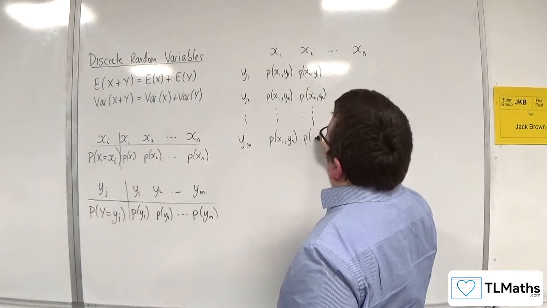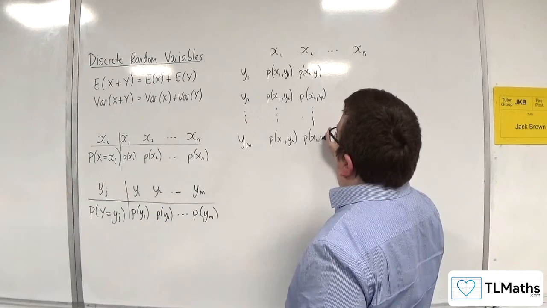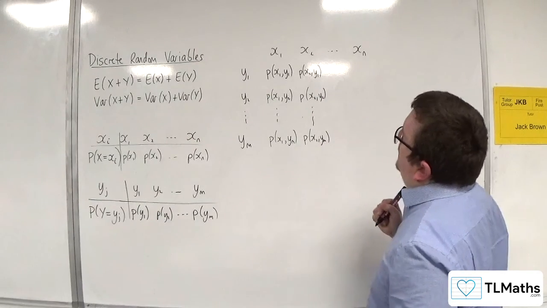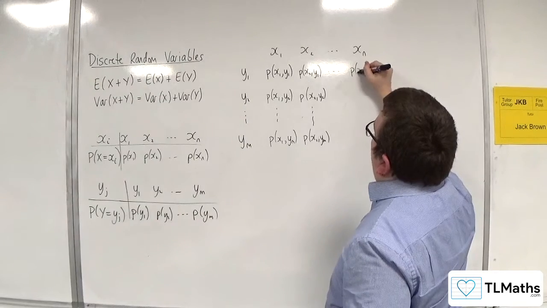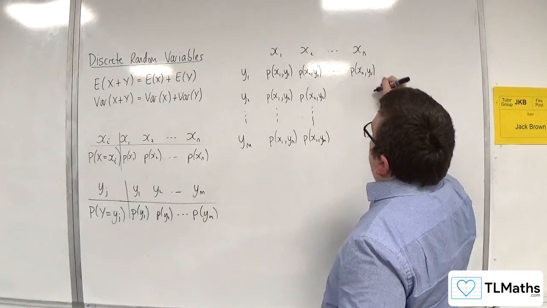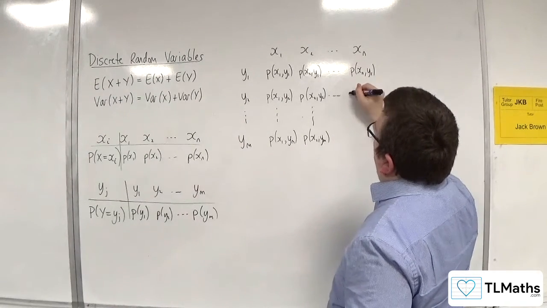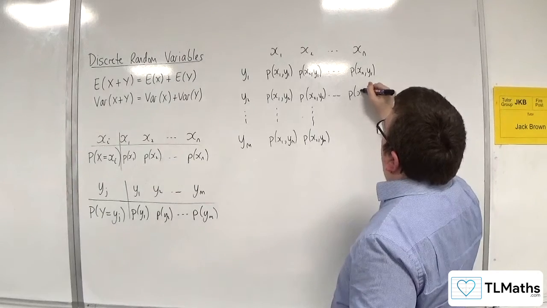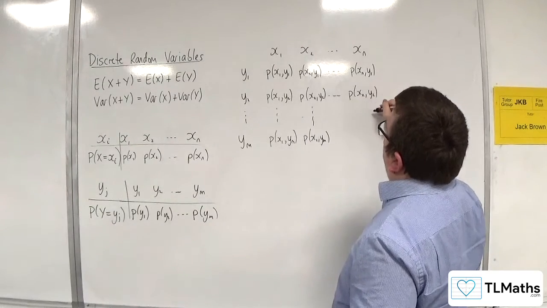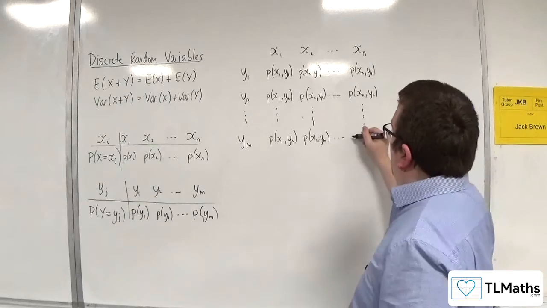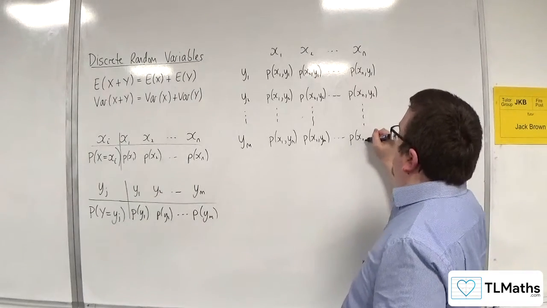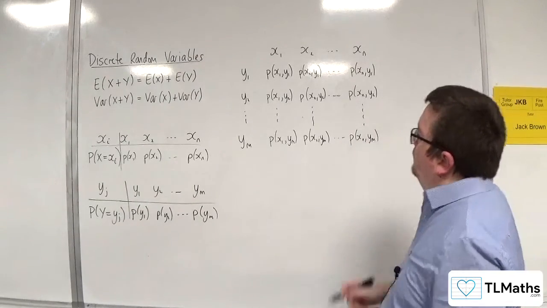This would be the probability of getting x2, ym. So this would be the probability of getting xn, y1. And this would be the probability of getting xn, y2. Okay, and this would be the probability of getting xn, ym.